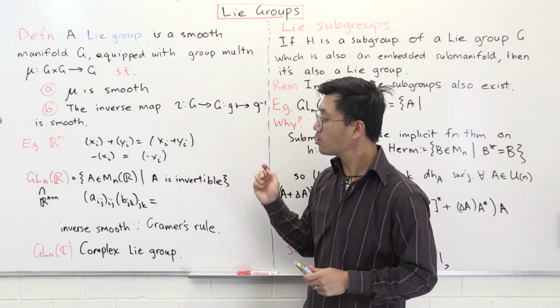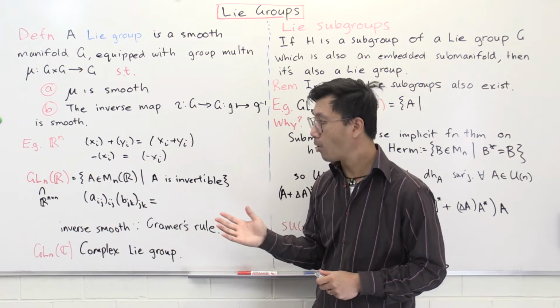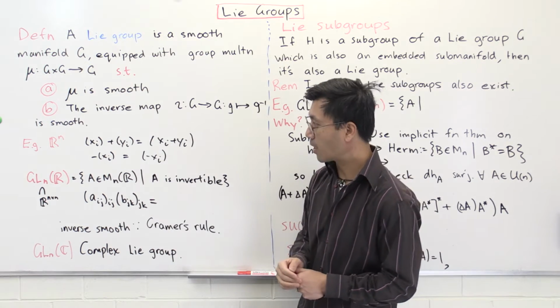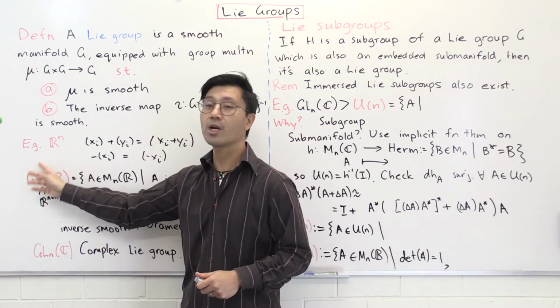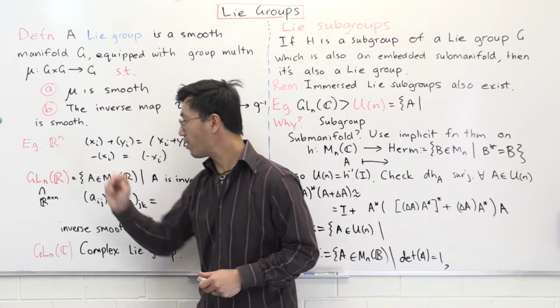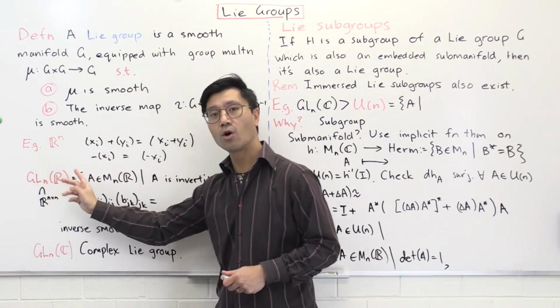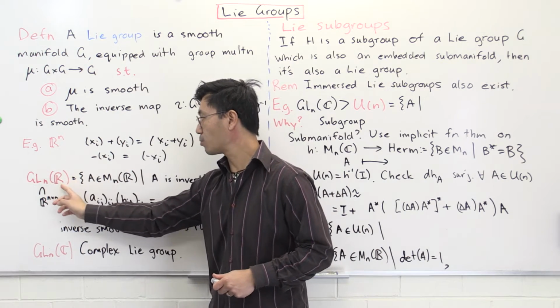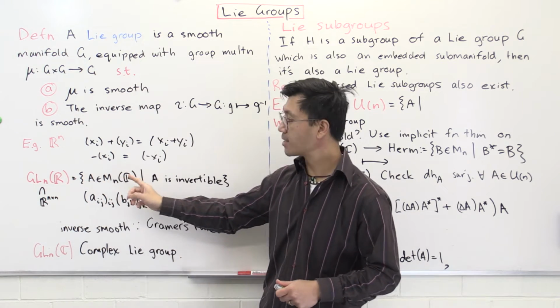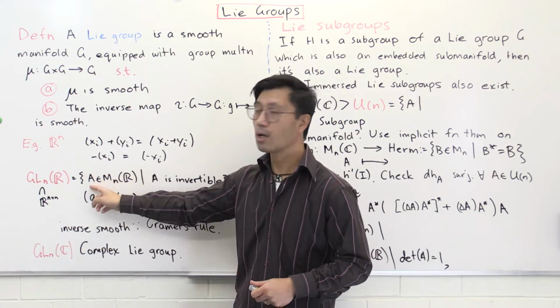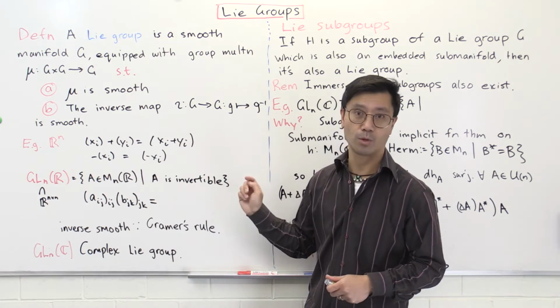Okay, so let's do a more interesting example, one that's extremely important, and one that is non-commutative in general. We're going to have a look at GL_n(R). You might have seen this in a group theory course, since it is a very natural group to look at. They're basically the set of n by n matrices which are invertible.